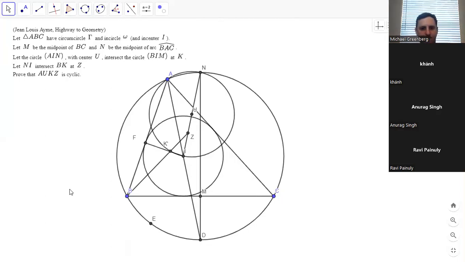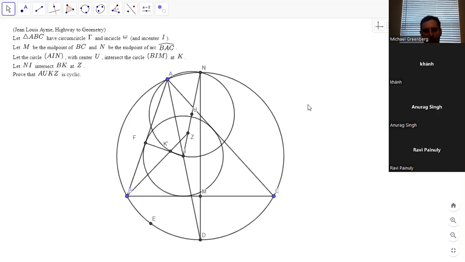Okay. So okay. All right. So yeah, how do we show that that is cyclic? Yeah, because it feels like that should be doable, right?